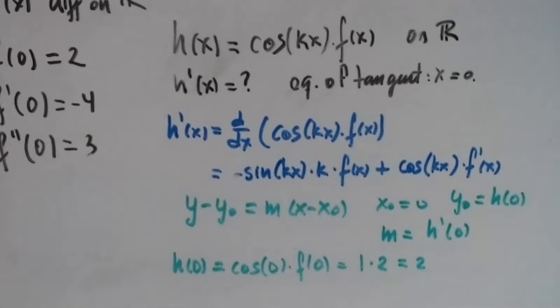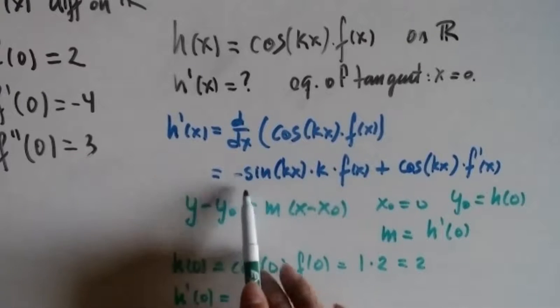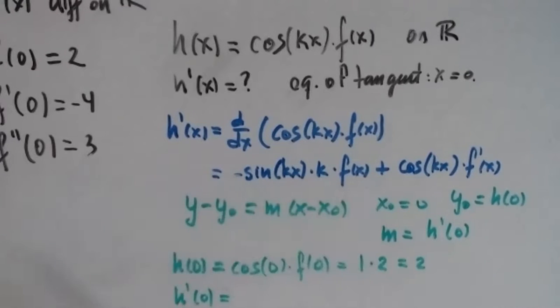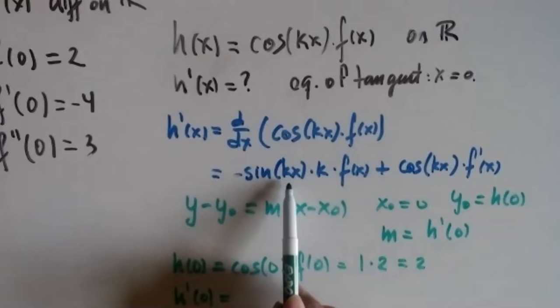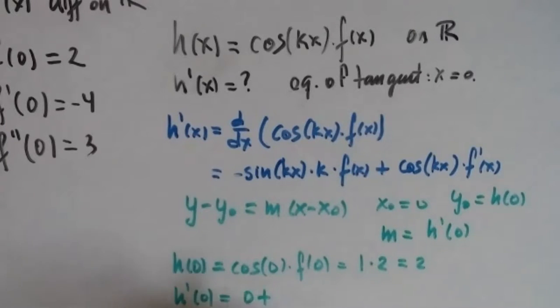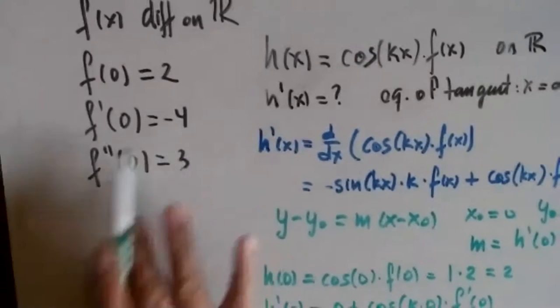Correct? Now I need h prime at 0. Okay, so I have to evaluate this thing at 0. Sine of 0 is 0. Remember that. So it's 0 plus cosine of k times 0 times f prime at 0. So this is 1, and this is negative 4.